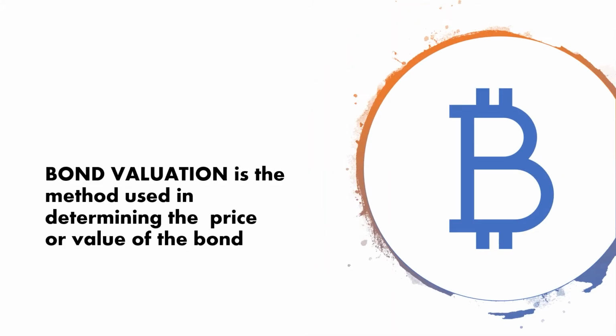Bond valuation is the method used in determining the price or value of the bond. The appropriate price of a bond reflects the present value of the cash flows to be generated by the bond in the form of periodic interest payments or coupons and the principal payment to be provided at maturity.